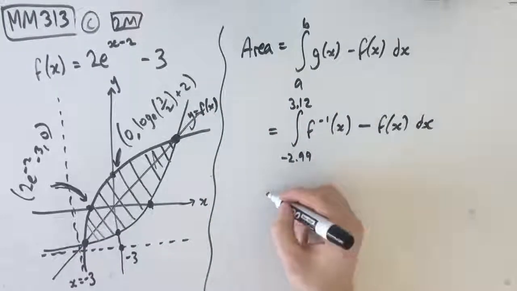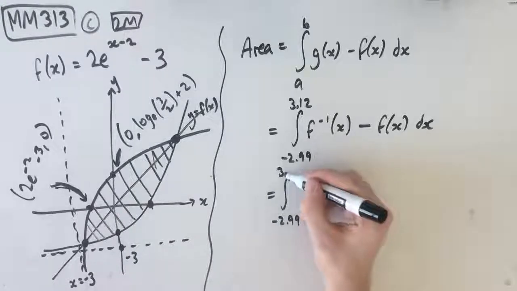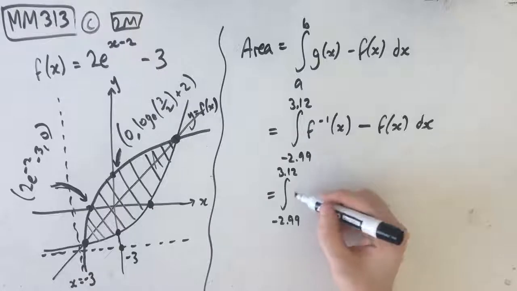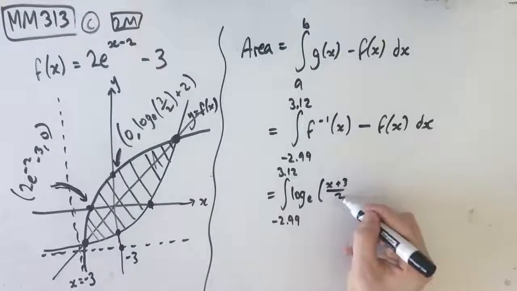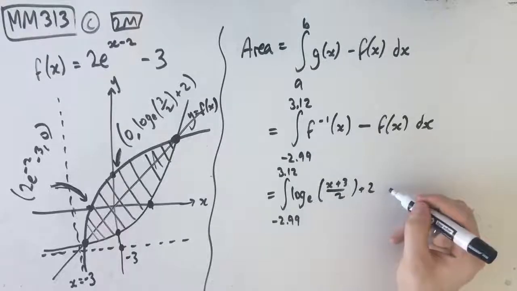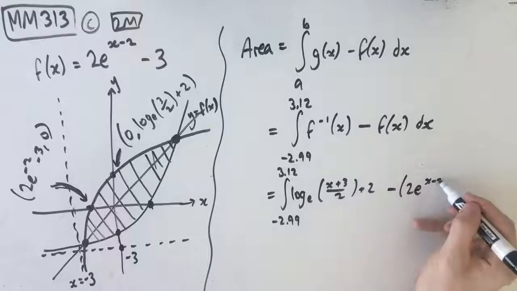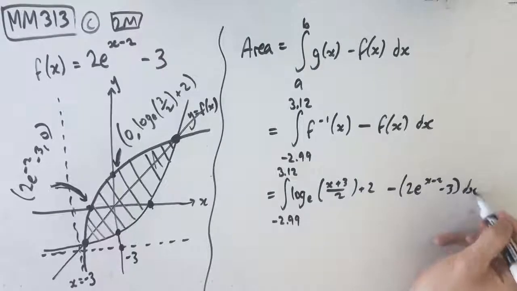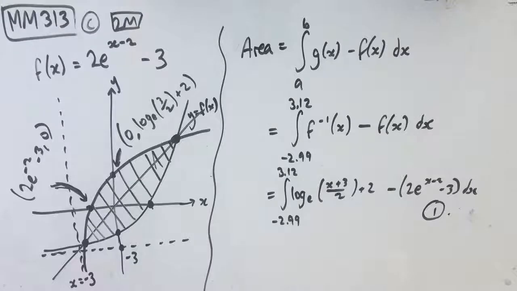Okay, so that means that our area is going to be the integral from negative 2.99 to 3.12 of our inverse, log e of (x plus 3) over 2, plus 2, minus 2e to the (x take 2) minus 3 dx. That's our first mark. Okay, so this is a 2-mark question.